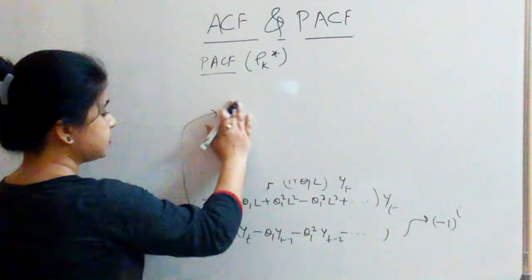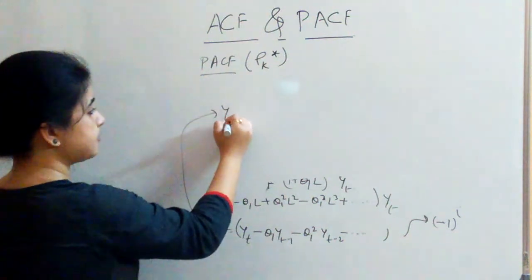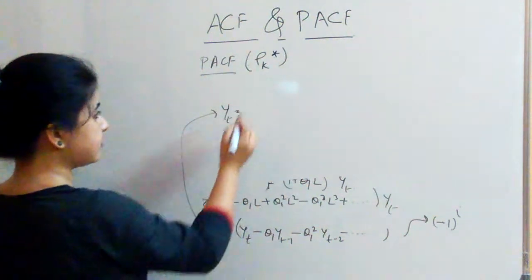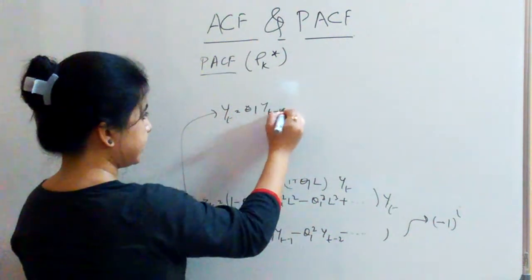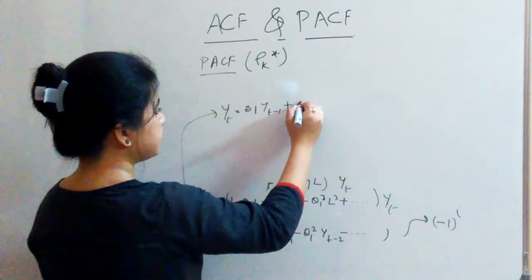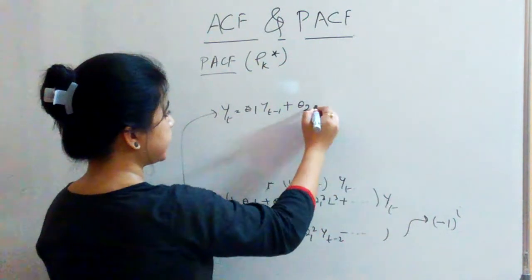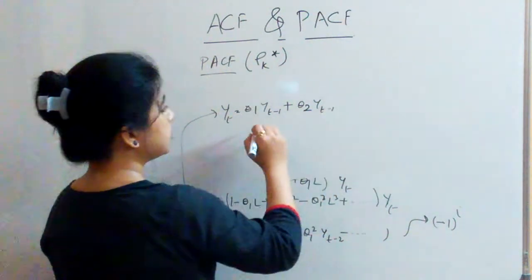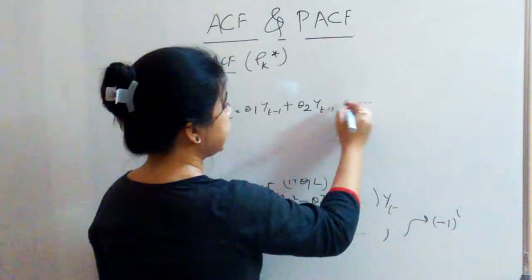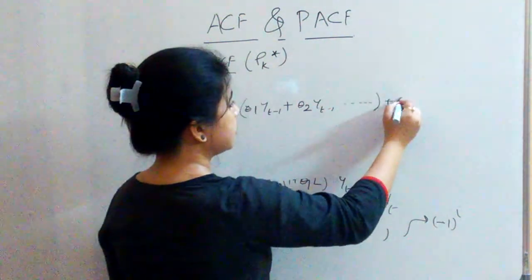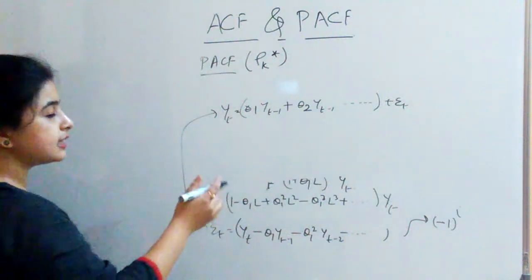Just rewriting it in another way, we can obtain that yt is equal to theta 1 yt minus 1 plus theta 2 yt minus 2 and dot dot dot plus epsilon t.